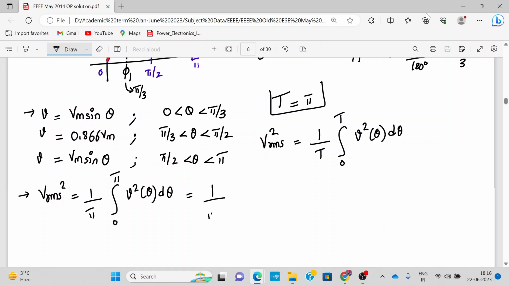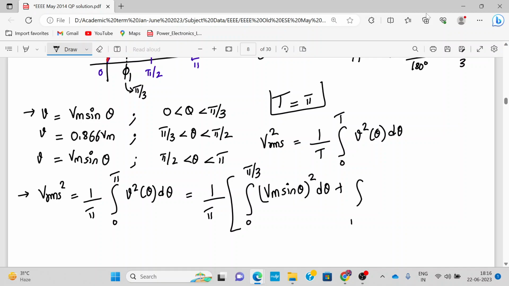Now we'll write it as 1 upon pi. 0 to pi will be split up into 3 intervals. So first interval will be 0 to pi by 3. V square theta is how much over here? Vm sin theta the whole square, d theta.